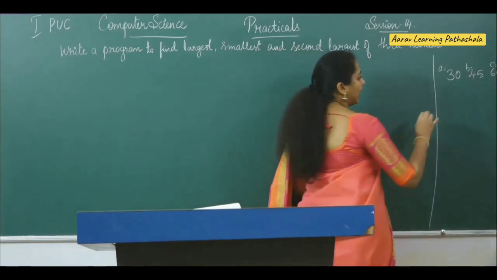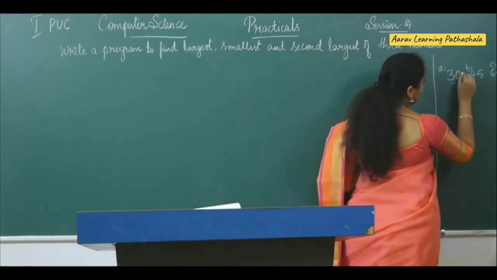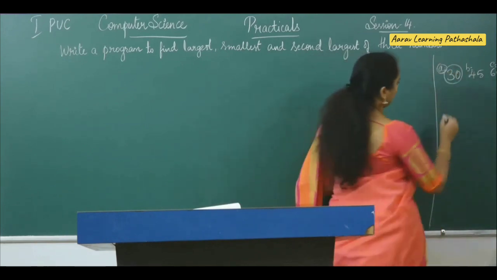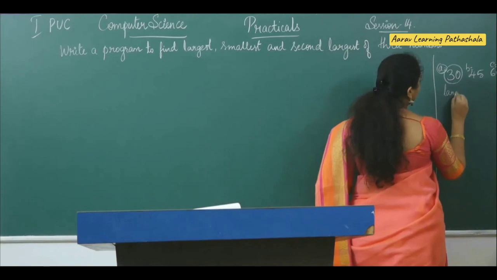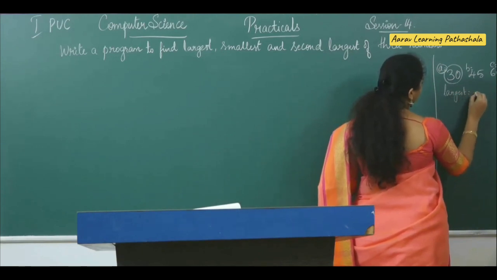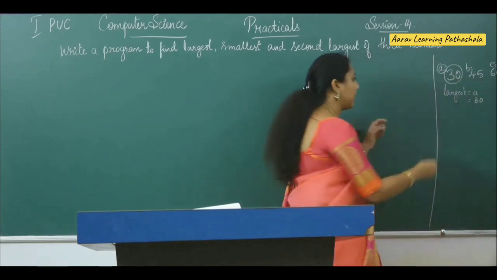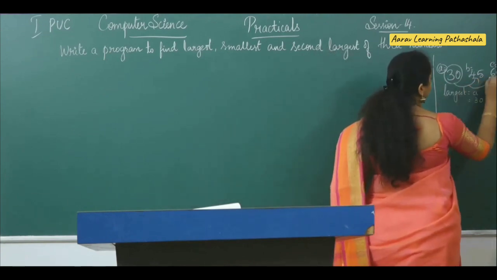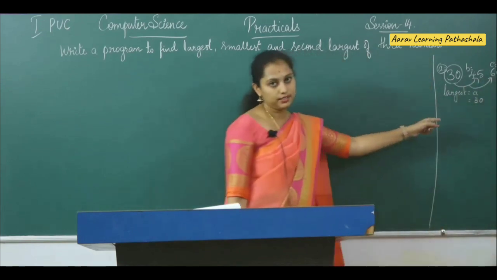Initially I am going to consider this 30, that is A, as the largest number. So that is 30. I am going to compare this value with these two values.